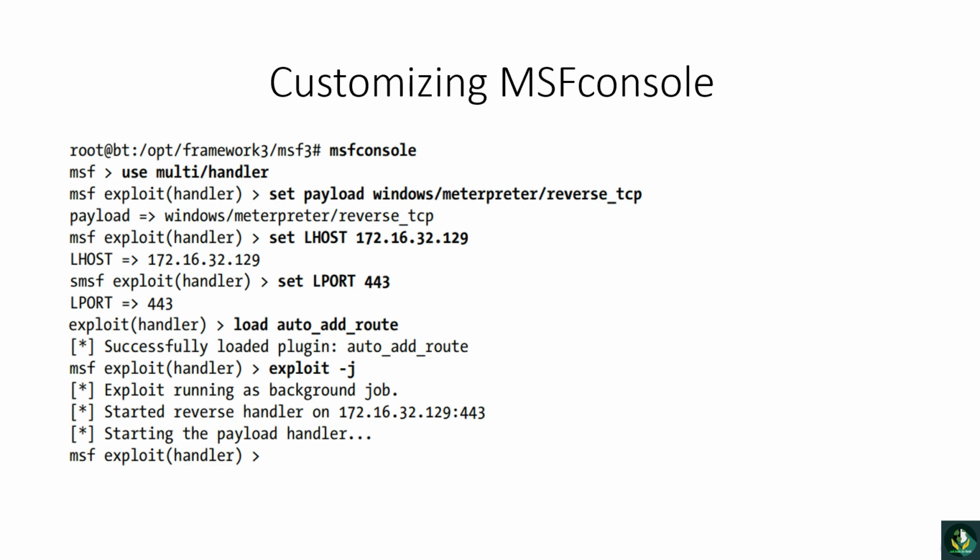We will be adding the load auto add route function within Metasploit, so that we can automatically connect to systems on the internal network, and then we will create a listener and launch FastTrack to attack this system.